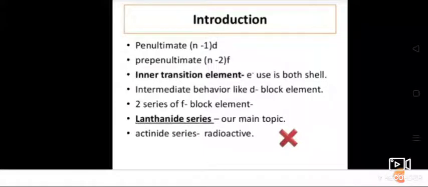They are known as inner transition elements because in the transition elements of D block, the electrons are filled in the (n-1)d subshell, while in inner transition elements of F block, the filling of electrons takes place in the (n-2)f subshell, which happens to be an inner subshell. So they are known as inner transition elements.